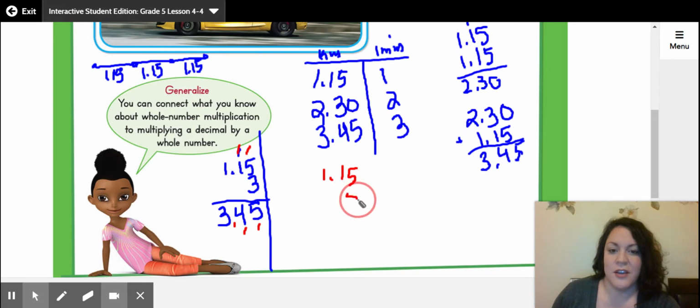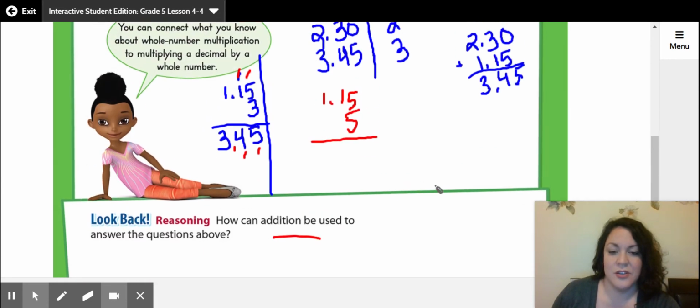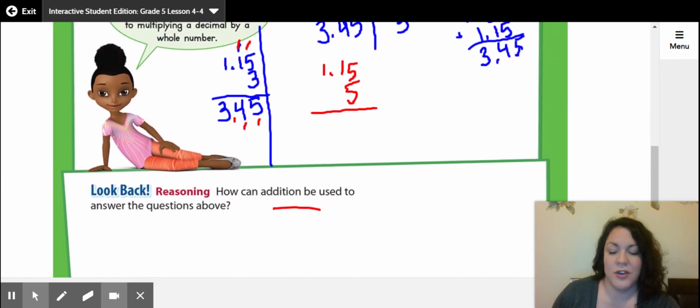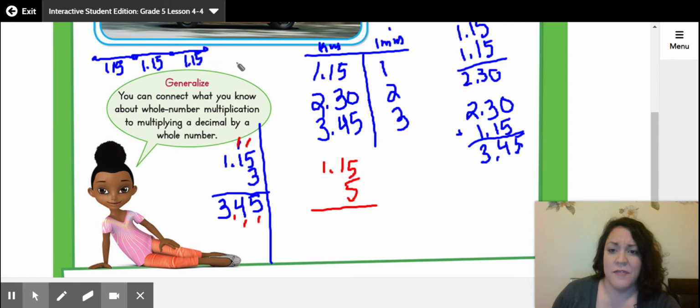So how far can he go in 5 minutes? So it'll be 1.15 5 times. So I could add up, like they said below here, I could add up 1.15 5 times. We'll extend this out. Bam, that's in 4 minutes. Bam, that's in 5 minutes.